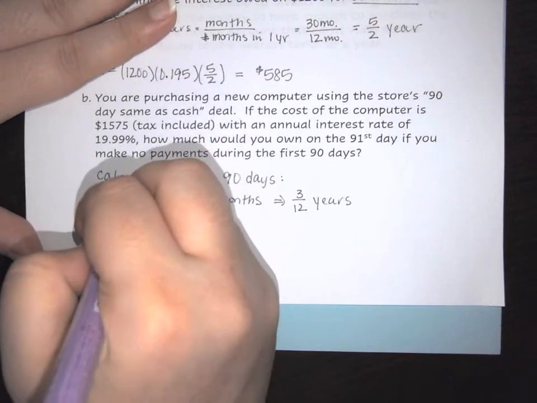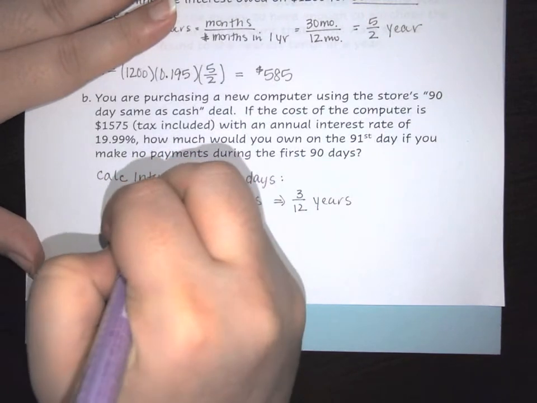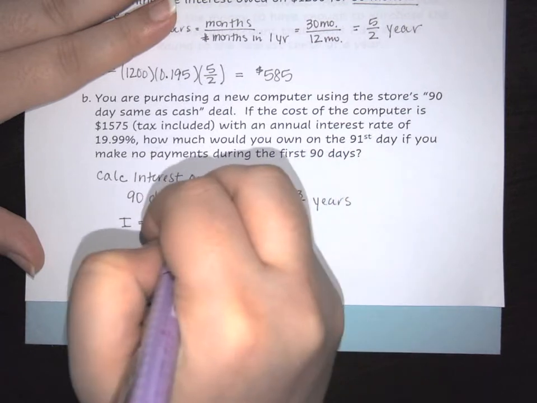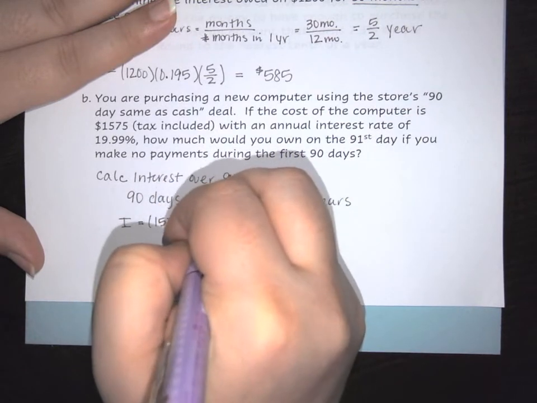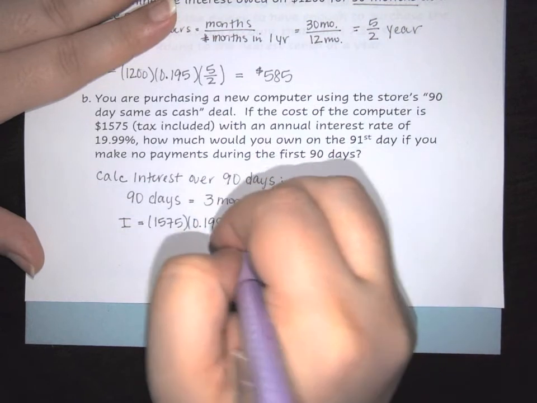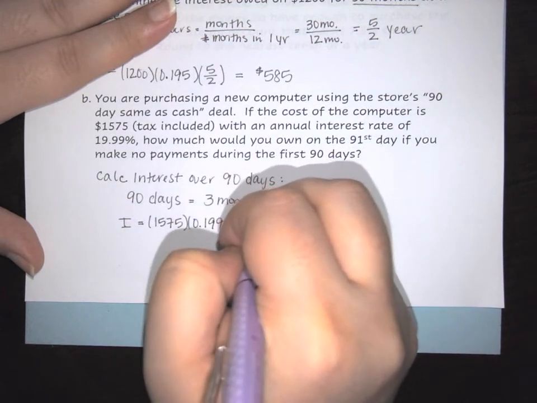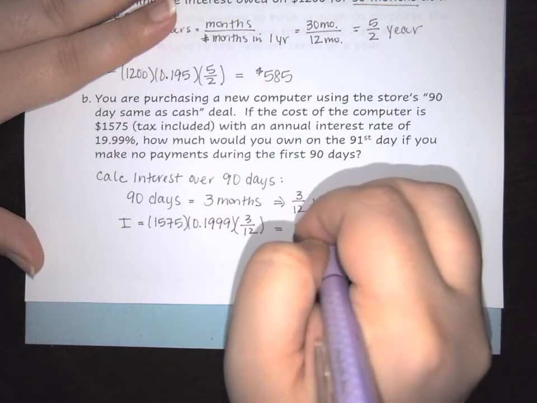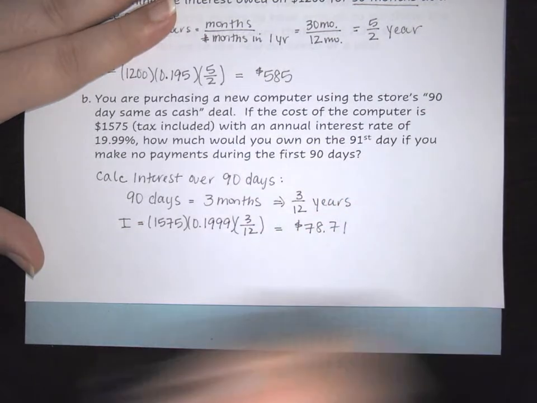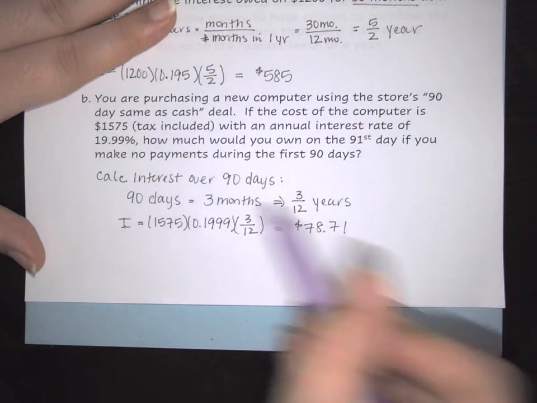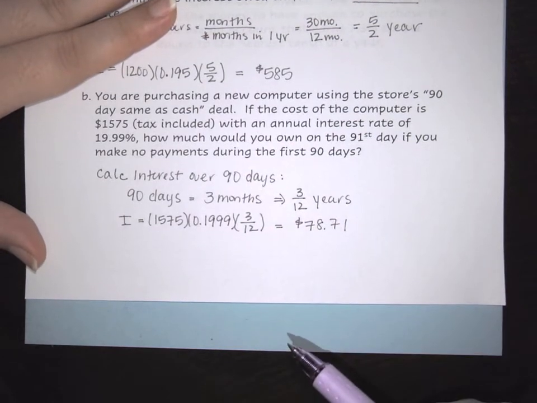So in this case, I is equal to the $1,575, that's the cost of the computer, times the rate, 0.1999, and then times your years, so my 3 over 12 years. This is going to give me an interest of $78.71 that has been accrued over those 90 days.